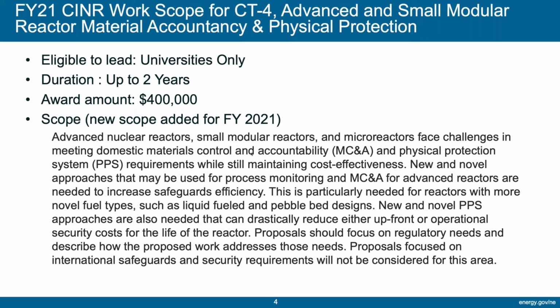It's usually listed as a percentage of the physical inventory, and that can change quite a bit depending on the size of the reactor. A small modular reactor may still have a more significant amount of material, whereas a microreactor will be quite a bit less. So that particular requirement, if Part 74 is required for that type of system, is going to change. When you get into those sort of issues, I highly encourage you to make sure that you understand the regulatory space.